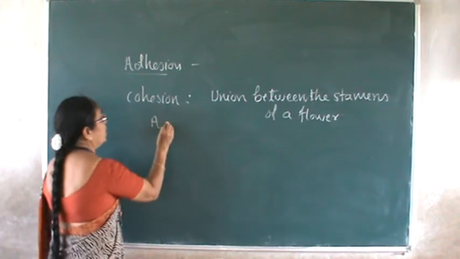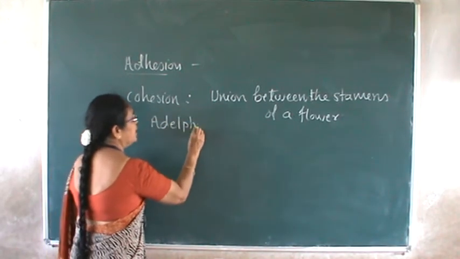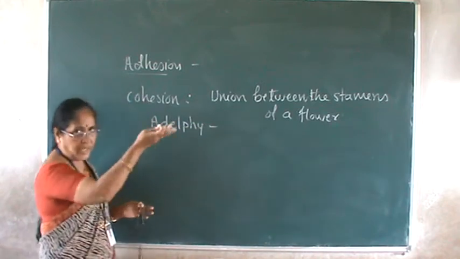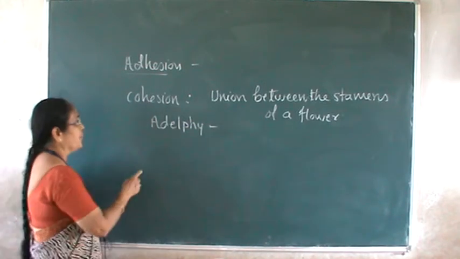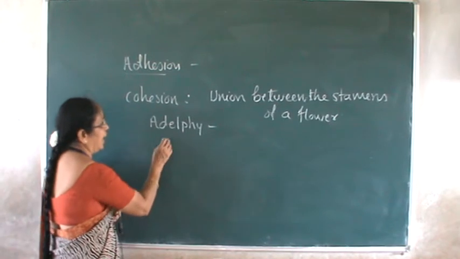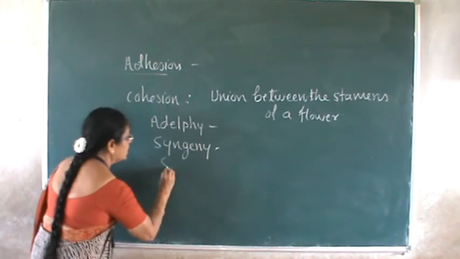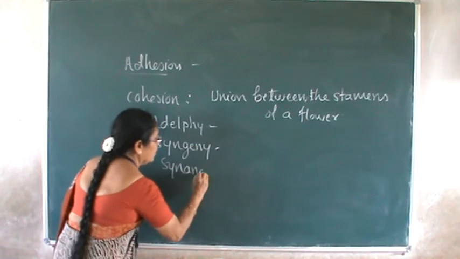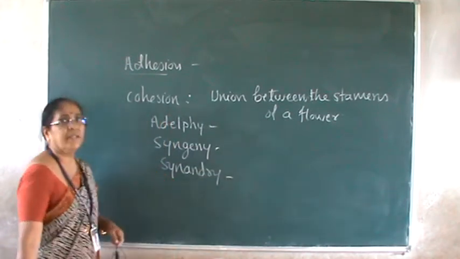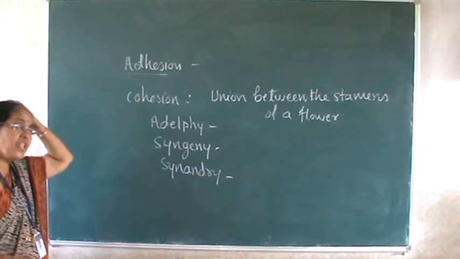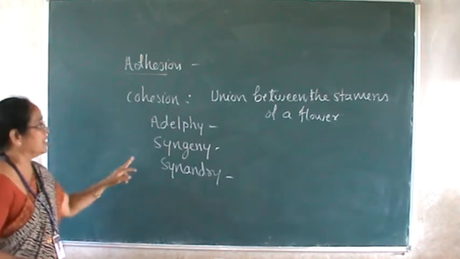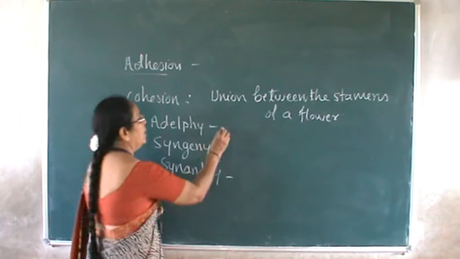Here comes the word adelphy. Write down these words and refer to them in my last video: adelphous condition, adelphy, syngenesy, synandry. These are the three different kinds of cohesions found in different kinds of flowers. Under adelphy, you will get monadelphous.